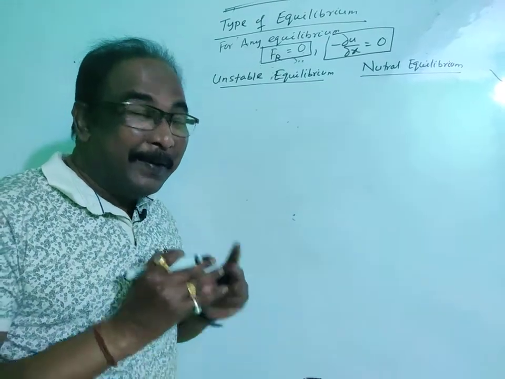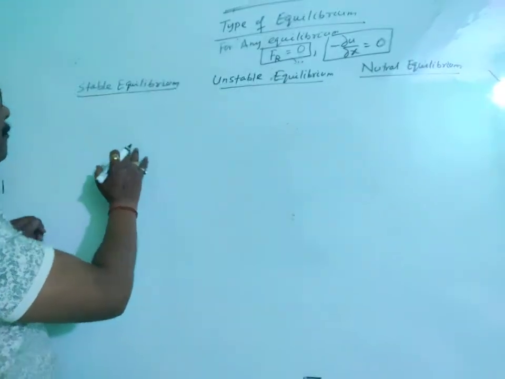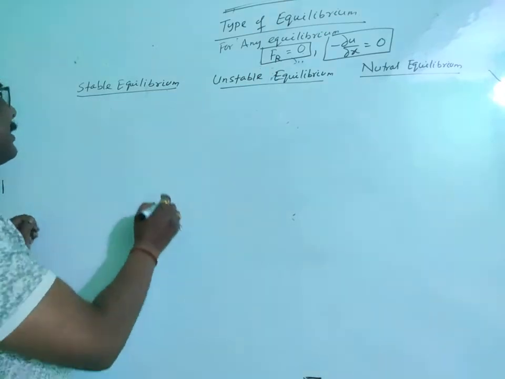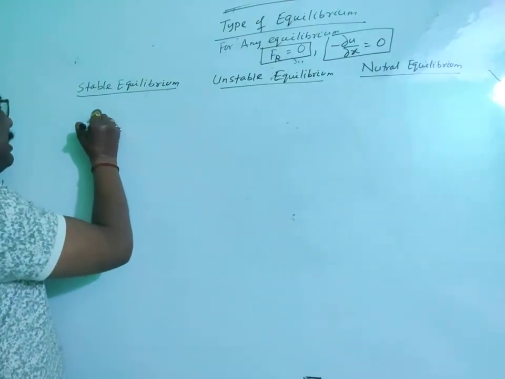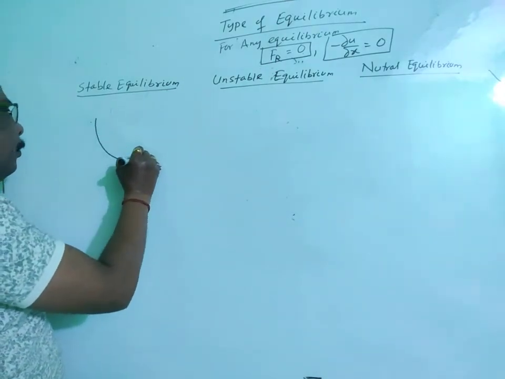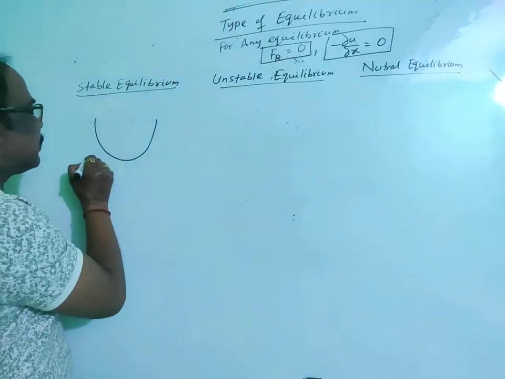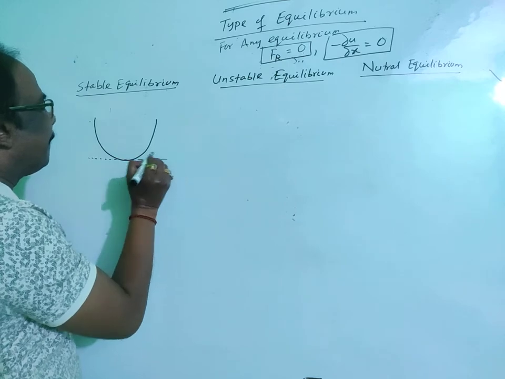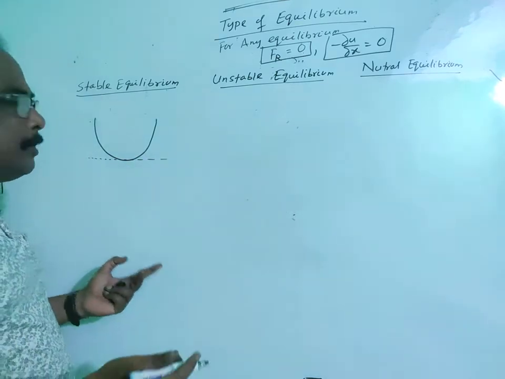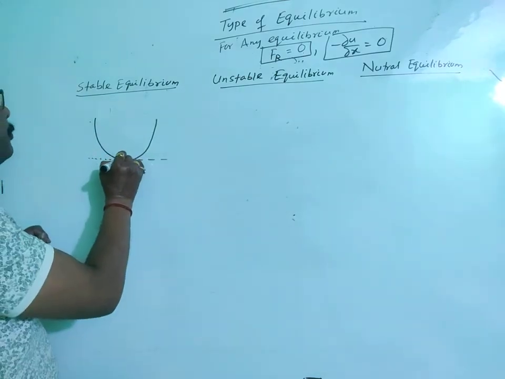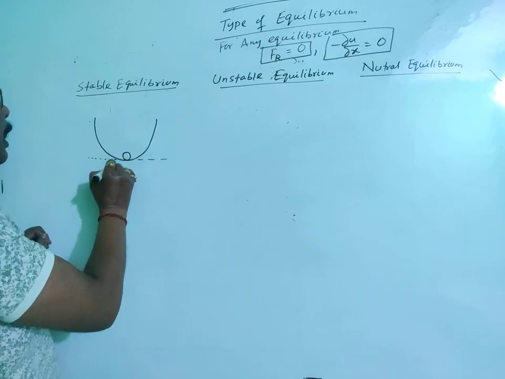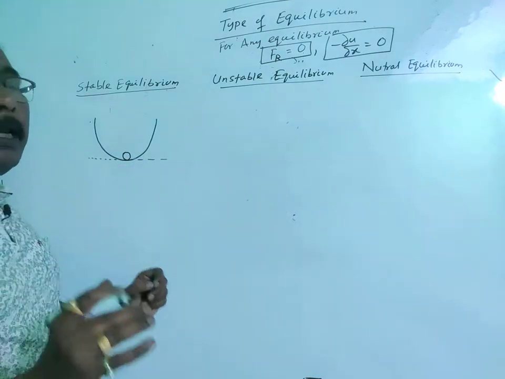To have better understanding, let's consider a hemispherical bowl, and this is ground level. Suppose a body of mass m is placed at the bottom of the hemispherical bowl.